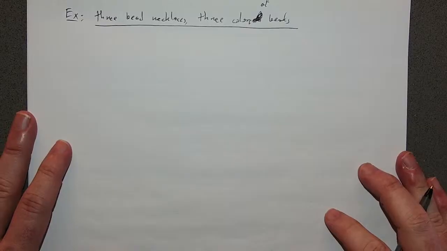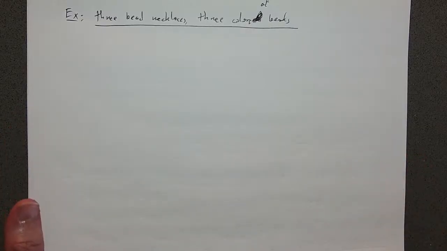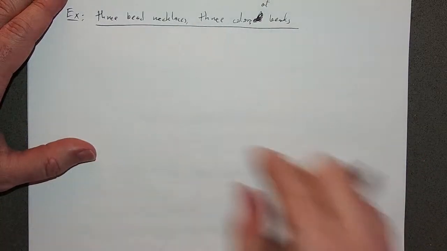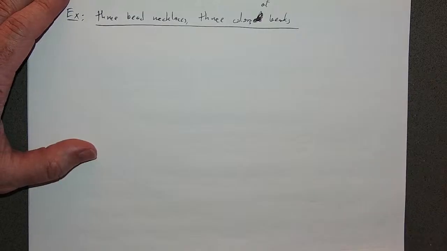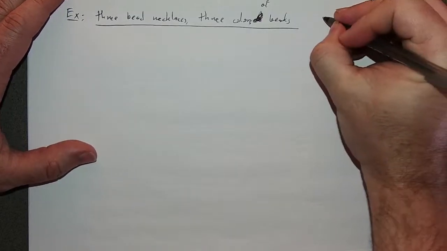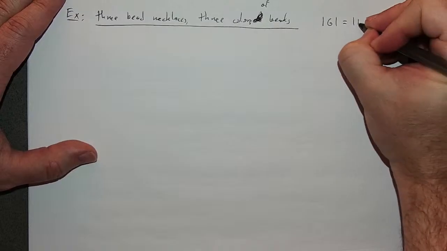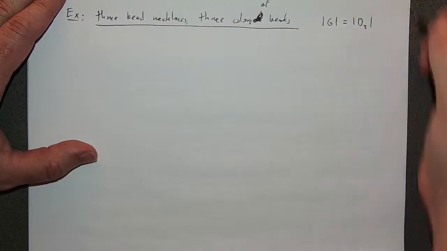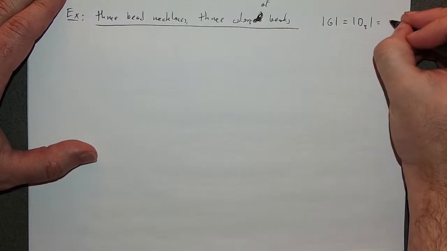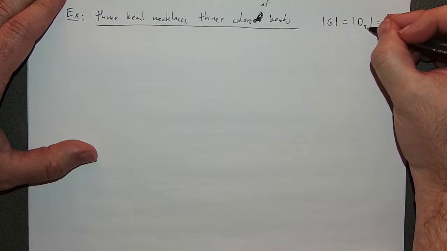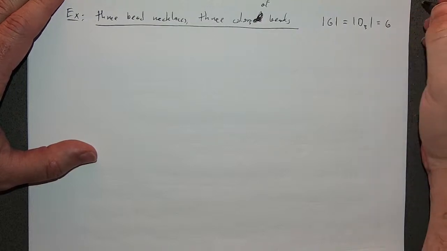Okay. So now we have 3 beaded necklaces. What is our group? It's the dihedral group on 3 vertices, which has size 2 times 3, so 6.